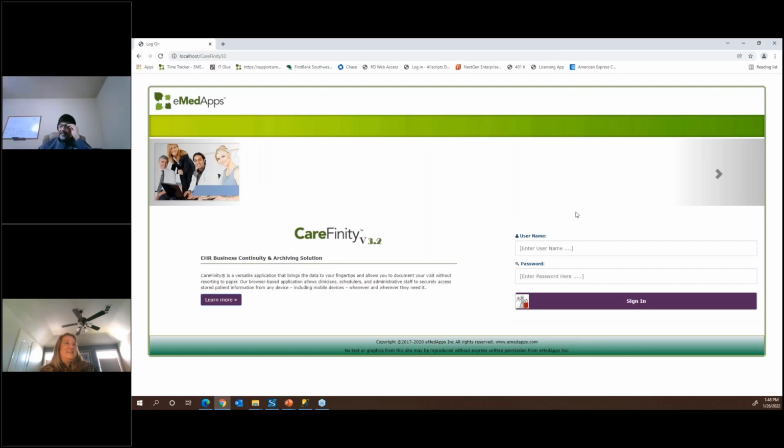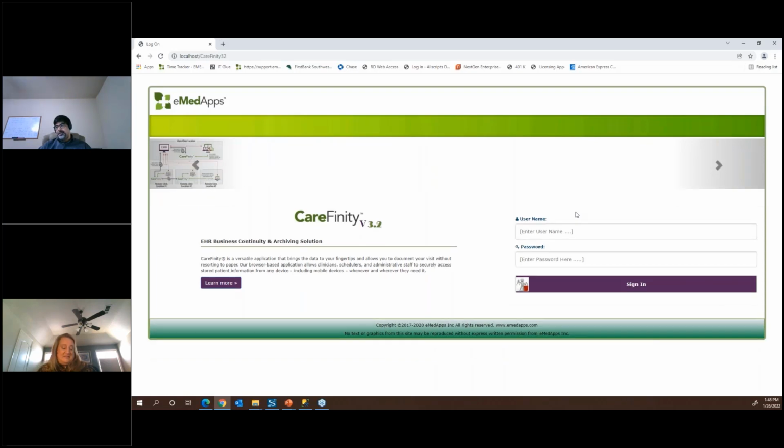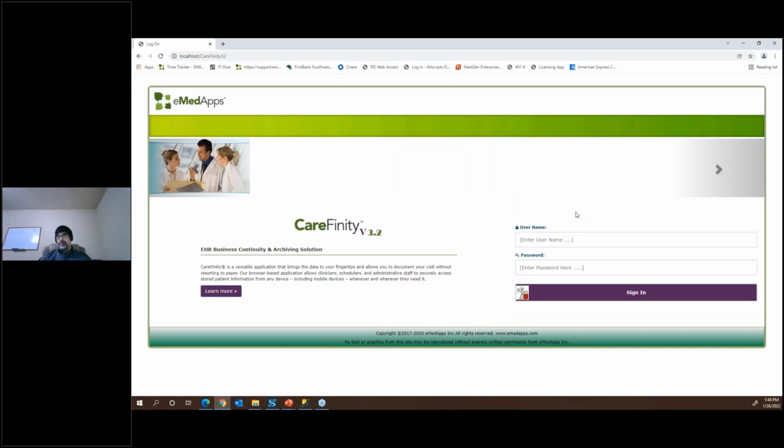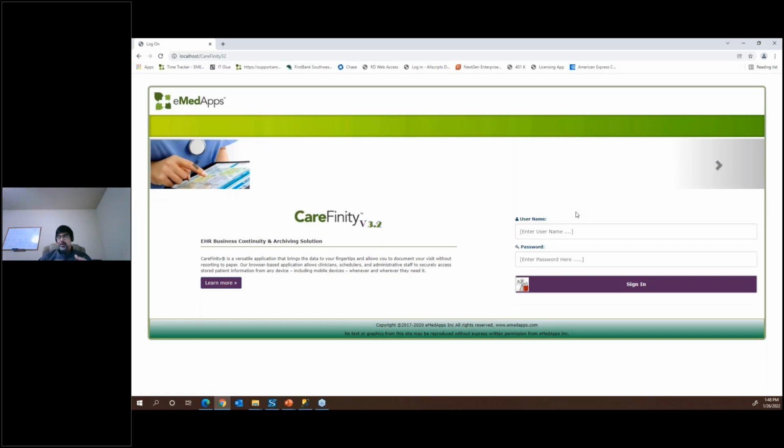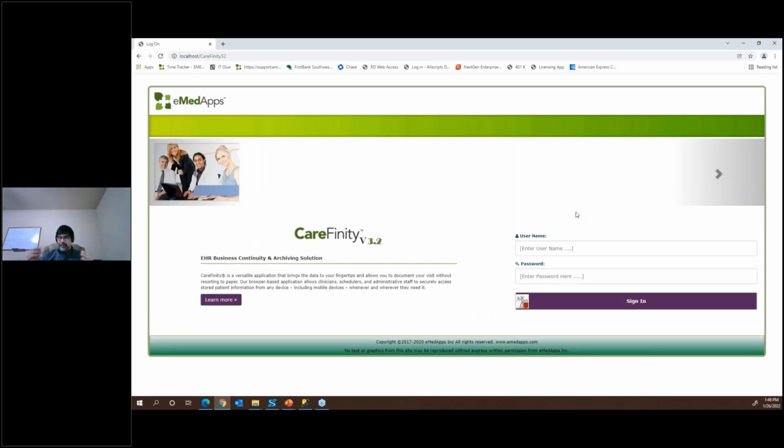Okay, so hopefully everyone can see that. CareFinity is a web-based solution. So again, as you determine what the issues are that you're trying to resolve with your downtime, this can be architected to fit accordingly, whether it's on your intranet, available via the internet, whatever makes sense based on your downtime scenarios.